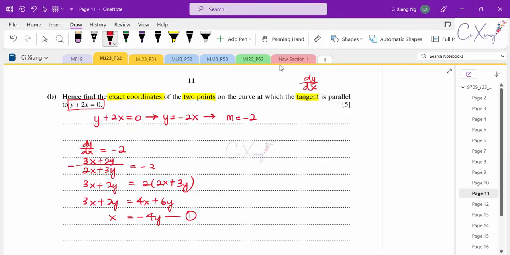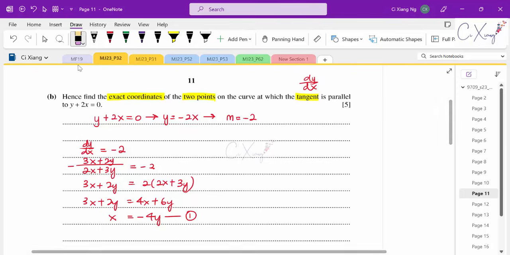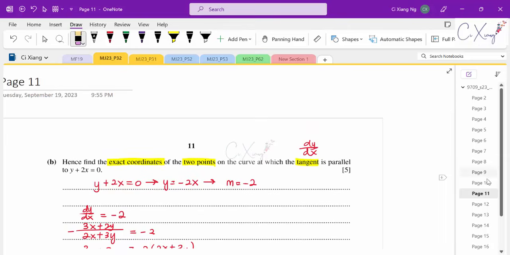I can't do anything more with this equation, so I will label it as equation number 1 first. To solve and get the values of x and y, I will need to substitute into the original equation, because this shows the coordinates of a point on the curve. So you have to substitute x equals negative 4y into the original equation.